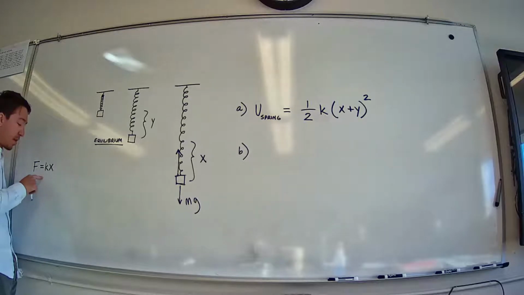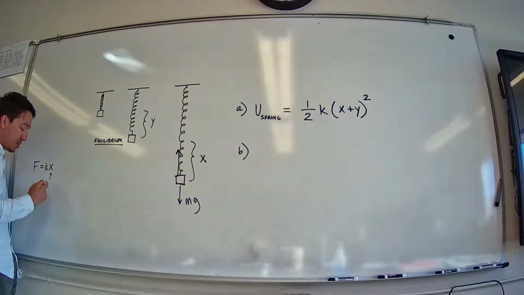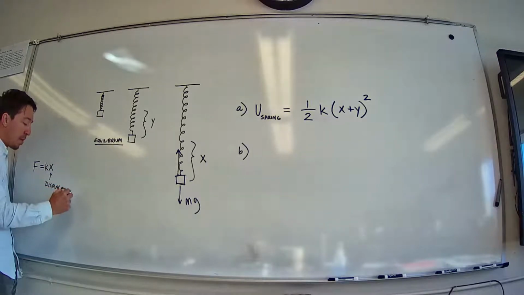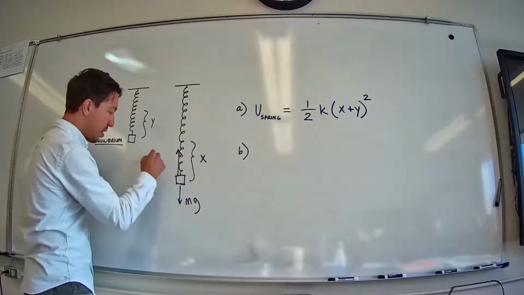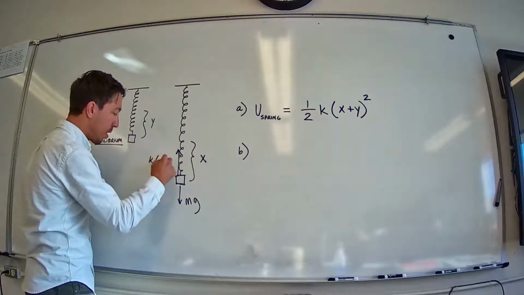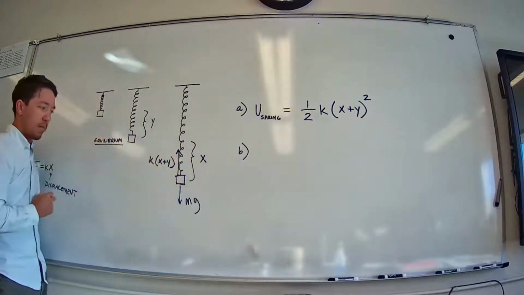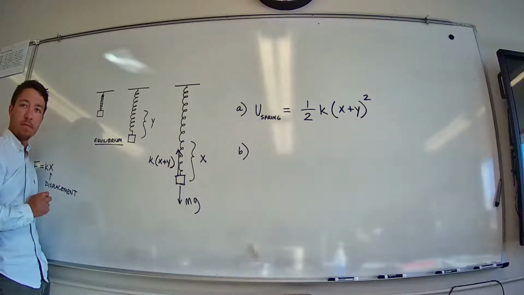And remember, when you write it that way, x represents the displacement. So how much has the spring been displaced? X plus Y. So it's k times the quantity x plus y. You feel okay about that?